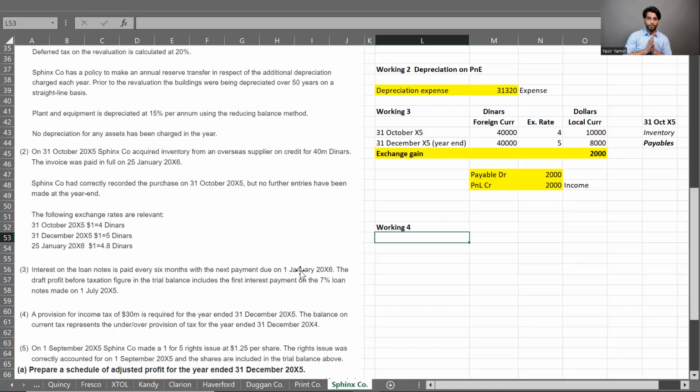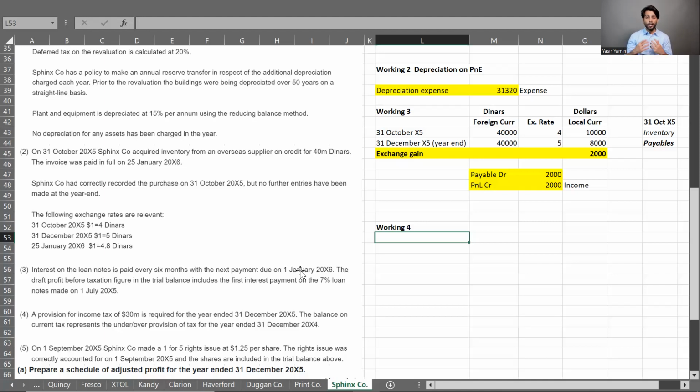You know why? Because of the accruals concept. The accruals concept tells us that a business should record its real expenses or real incomes for the period, irrespective of the amount paid or received against it. We do not follow cash basis accounting in our books of accounts.